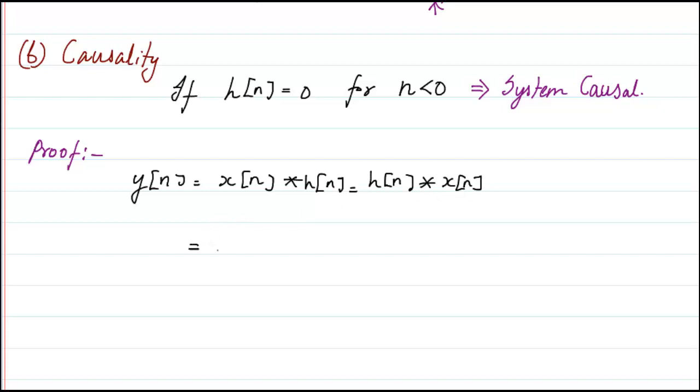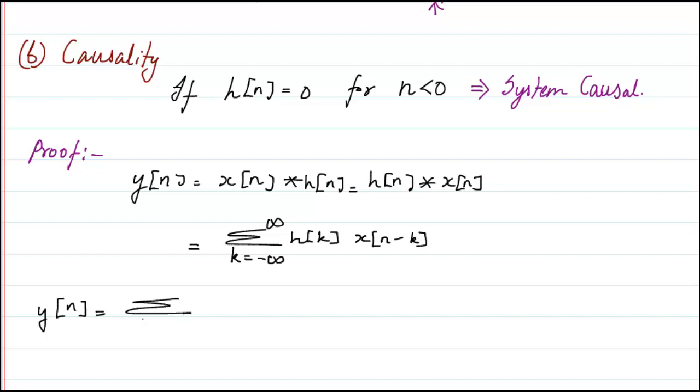In that case, we will use the second one for the equation. We know that the equation is summation k equal to minus infinity to infinity h of k x of n minus k. Now this particular equation for y of n can be split apart into two equations.